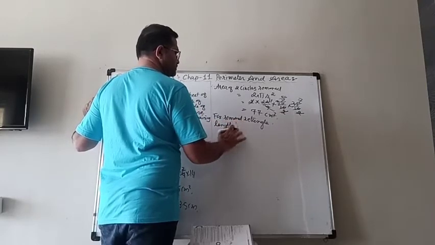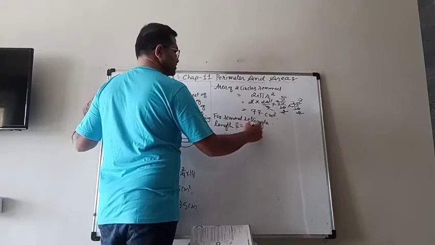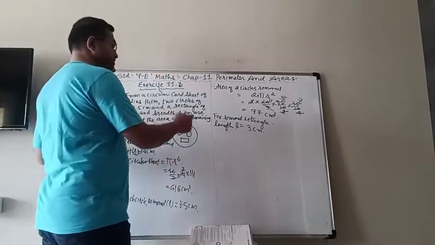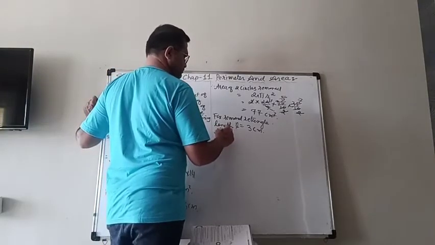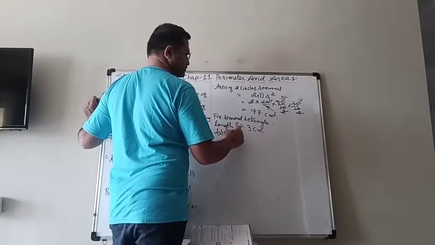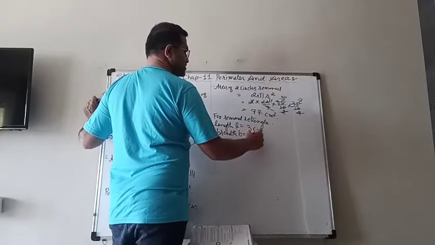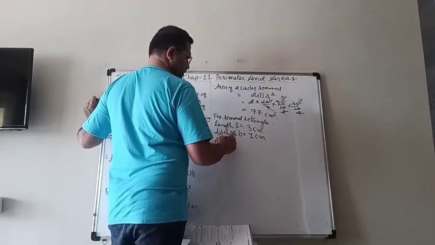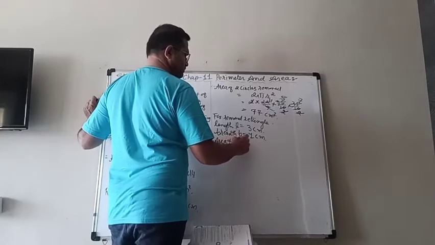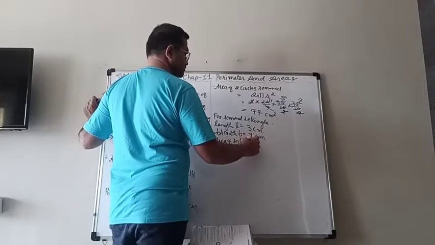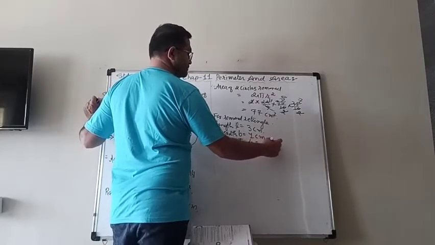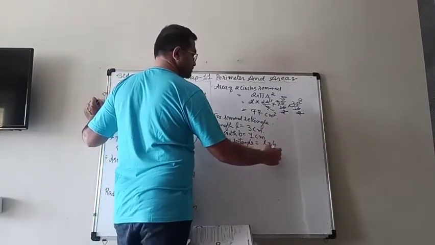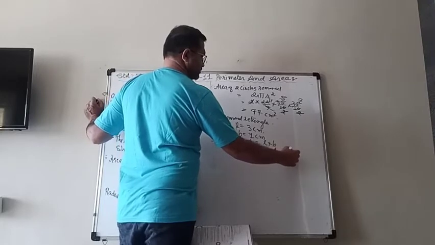Length L is 3 centimeter and breadth B is 1 centimeter. Therefore, area of rectangle, that is length multiplied by breadth, 3 ones are 3 centimeters square.